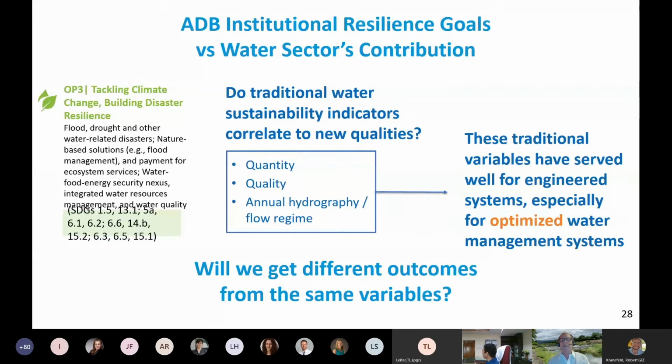But I think more interestingly, are these really the things we need to be looking at? Because to me, in this way, you are putting the indicators on the means to the end, right? So the end is a resilient community, a resilient city.